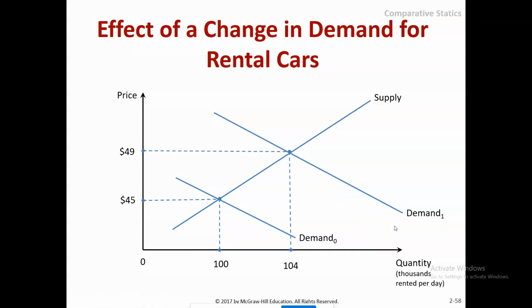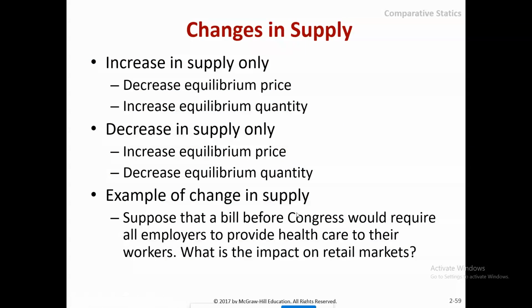So eventually, the new equilibrium price and quantity are 49 and 104. So both increase. The change in supply: an increase in supply will decrease price and increase quantity. A decrease in supply will increase price and decrease quantity.